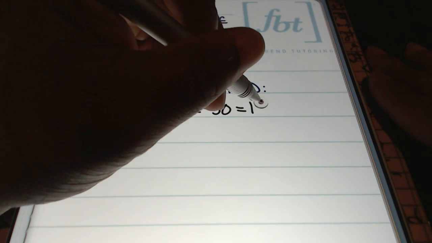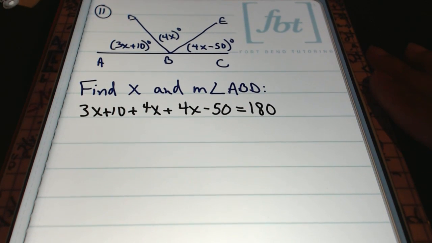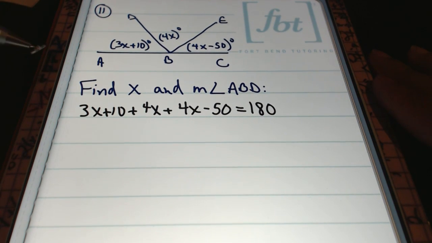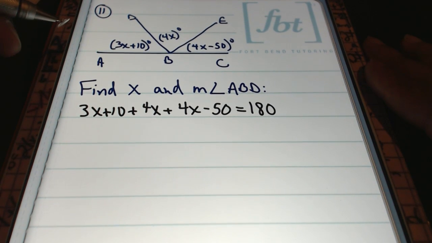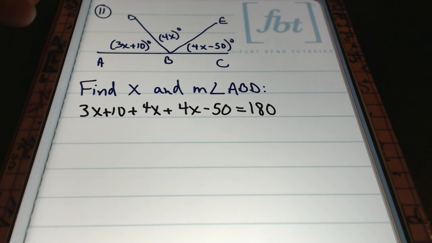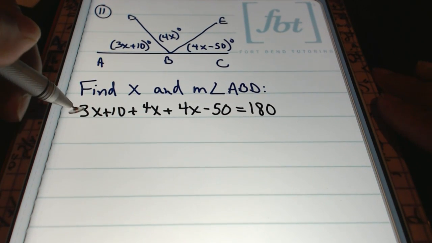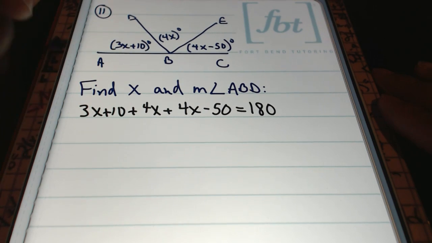All three of these angles have a sum of 180 degrees. With these three angles adding together to give us a total of 180 degrees, we're going to combine our like terms and get things underway. So here we'll have the 3x plus the 4x plus another 4x.